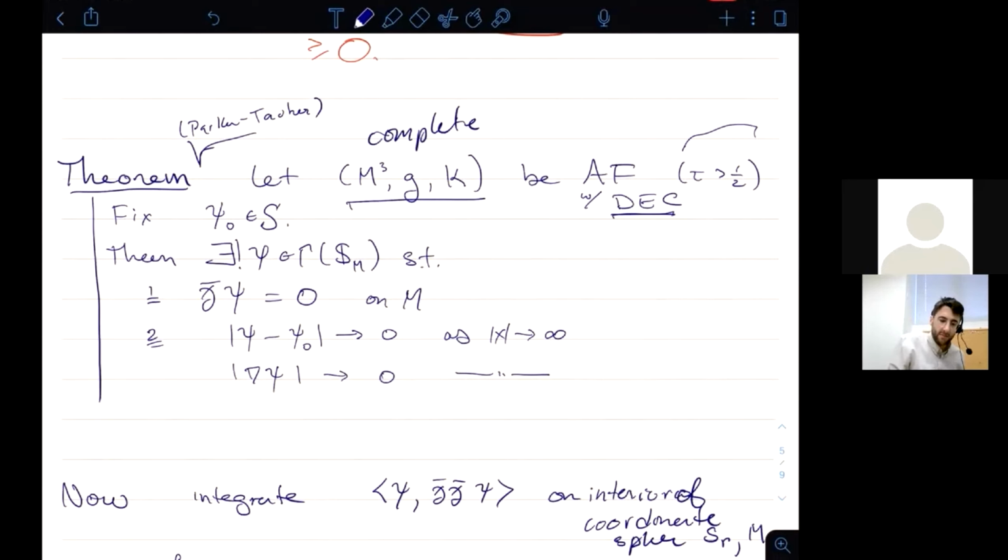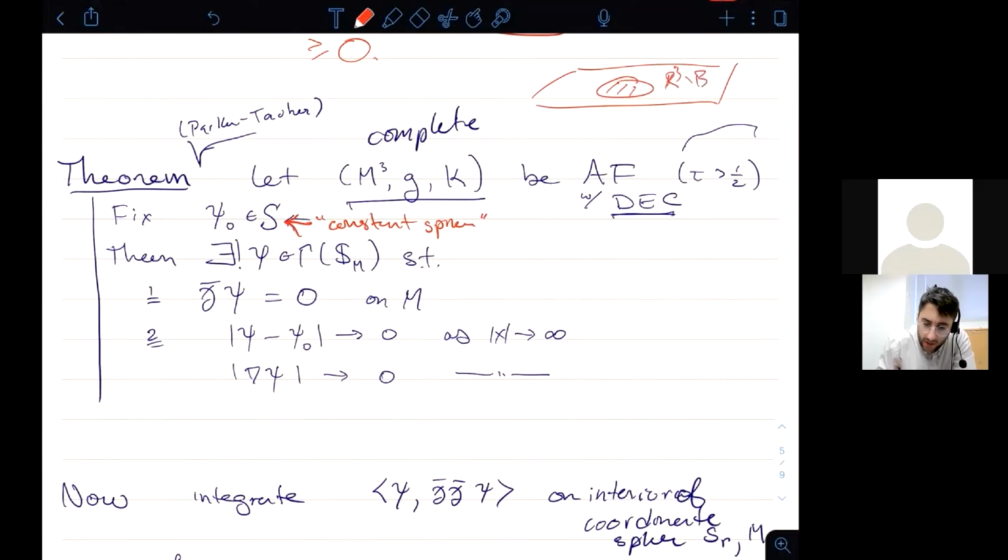Okay, so fix what I would call a constant spinor, or what people call a constant spinor, because it's just an element of the vector space. By the way, remember on R3 minus a ball, there is one and only one spin structure, and it's got to be the trivial one.